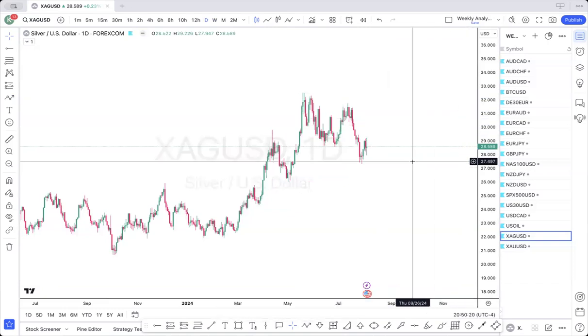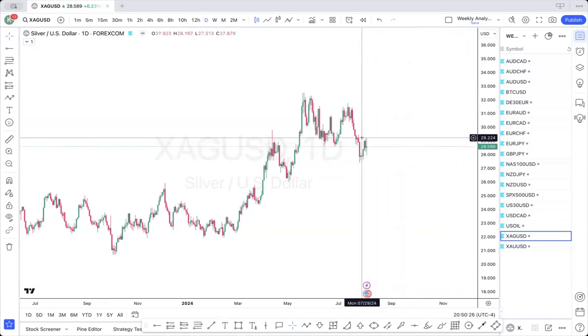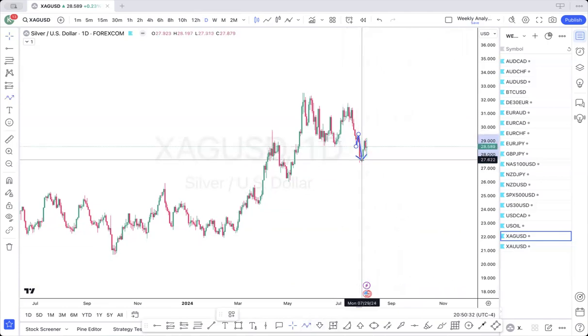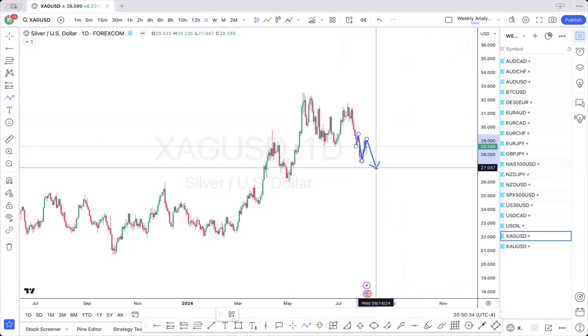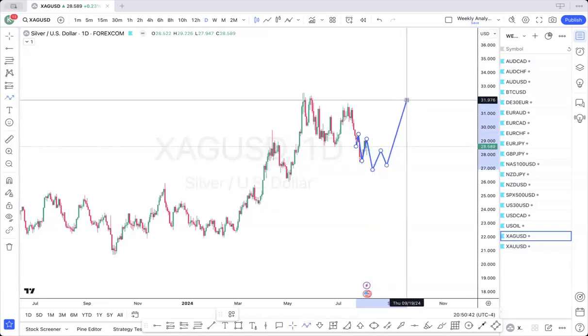If you trade silver, you can put an alert and then wait for price to do what it's going to do. Now, again, this could tap into this daily order block here, right? And could push down to this demand zone, and then start its way back up.